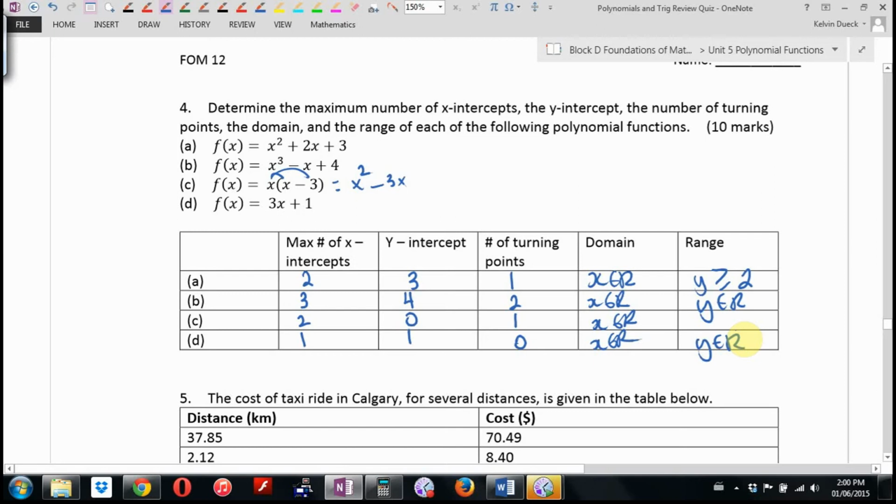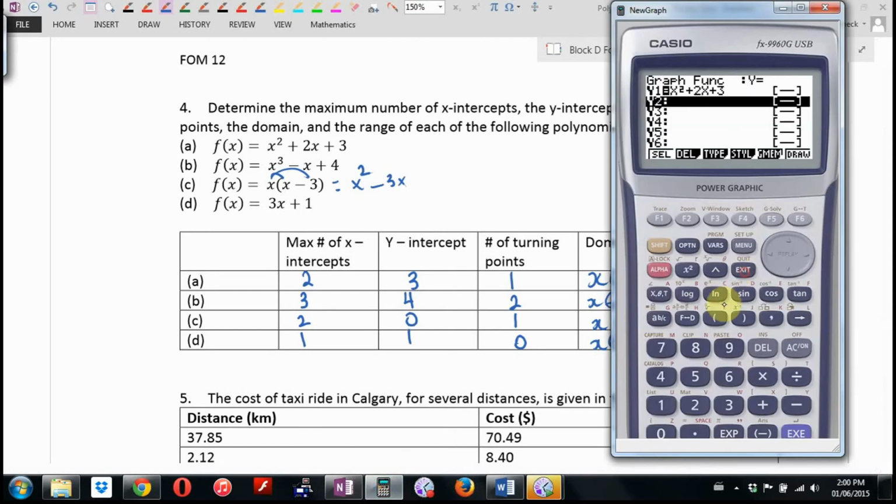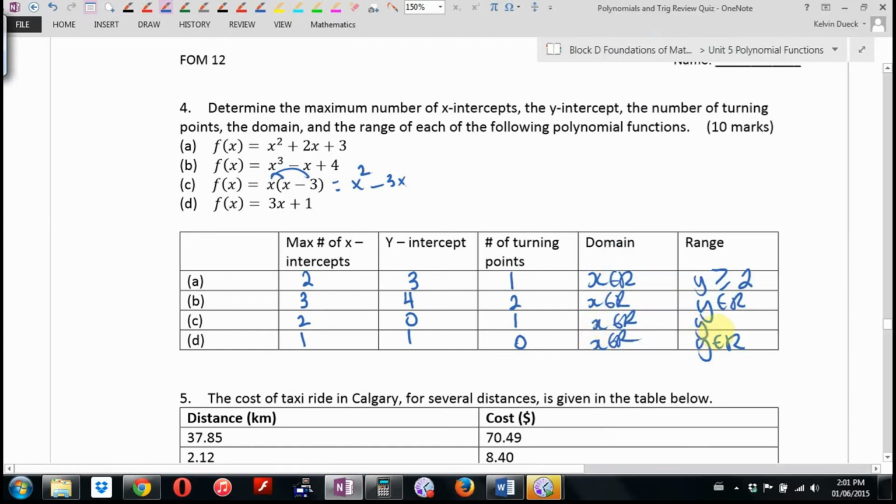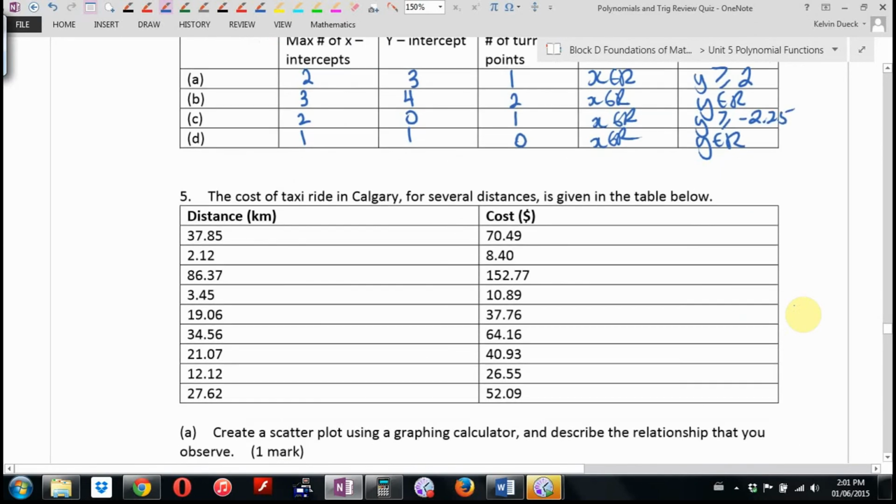I just have to do this second quadratic. Y equals x squared minus 3x. G-solve, minimum. Everything above negative 2.25. Y greater than or equal to negative 2.25. Nearly done.